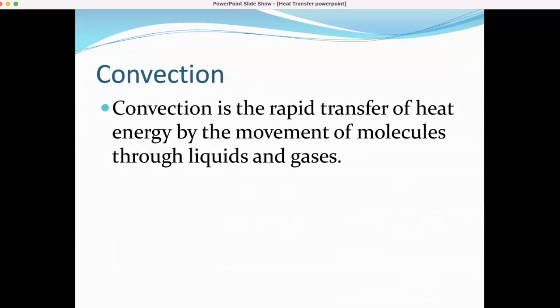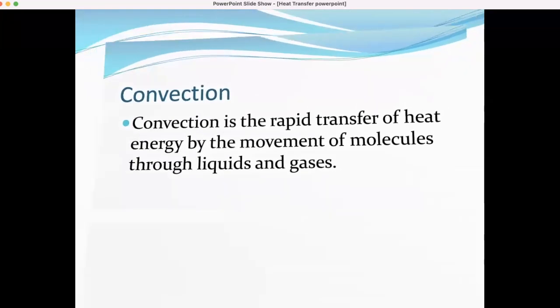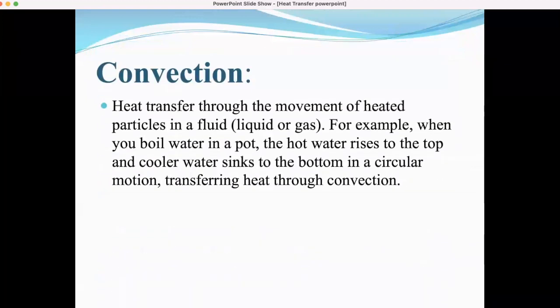Let me give you a perfect example. Mommy puts on a pot and pours some water into it. After a while, we see the water start to boil up, right? So those molecules, the gas and liquid, are moving together. That is called convection. Good. Another term, same convection: heat transferred through the movement of particles in a fluid, liquid or gas.